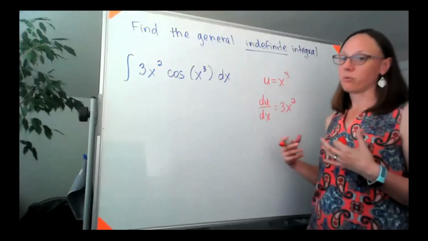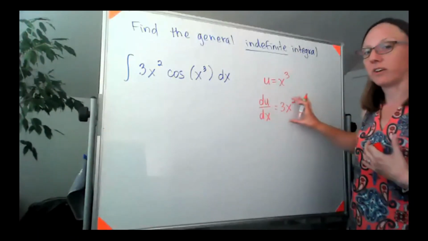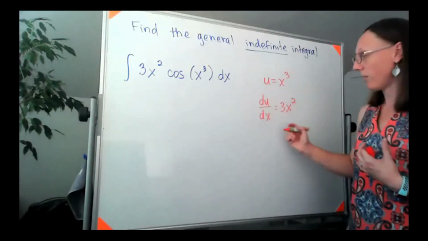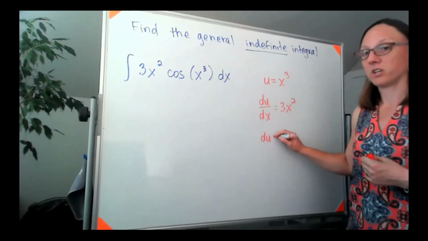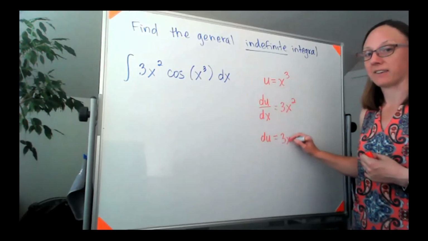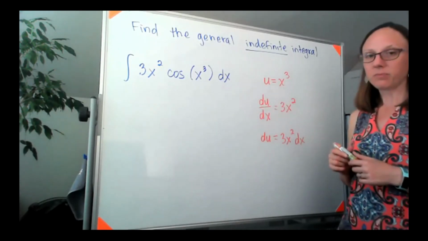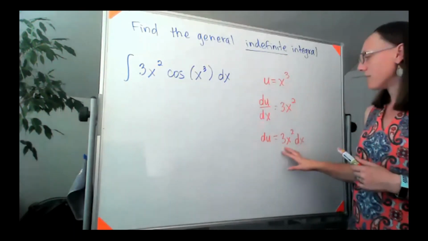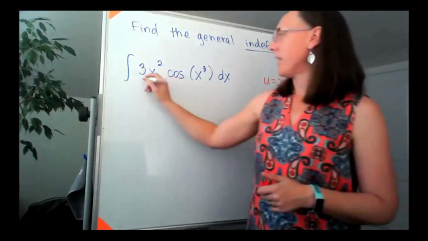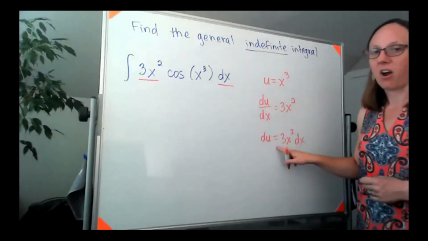Usually, when we're working through u substitutions, we're working with antiderivatives, we're actually going to not write out this step, and instead, we're going to write this in its differential form, which is du is equal to 3x squared dx. Now I'm thinking about this vocabulary list, and I'm saying, hey, that 3x squared and the dx, I know what I can call it.